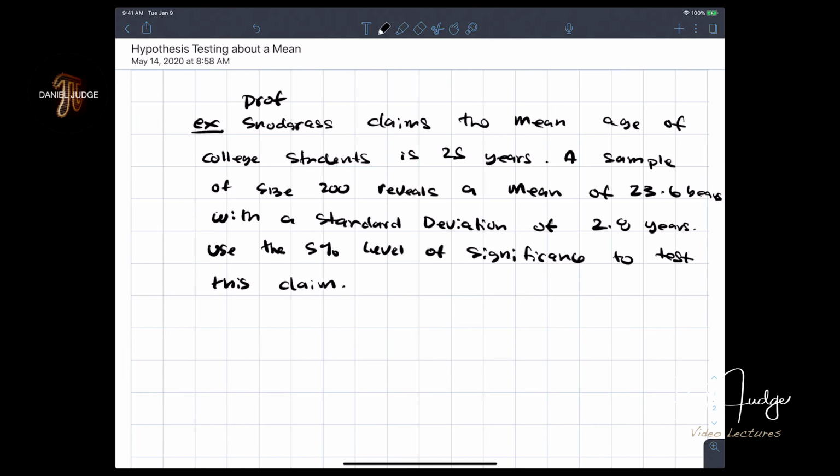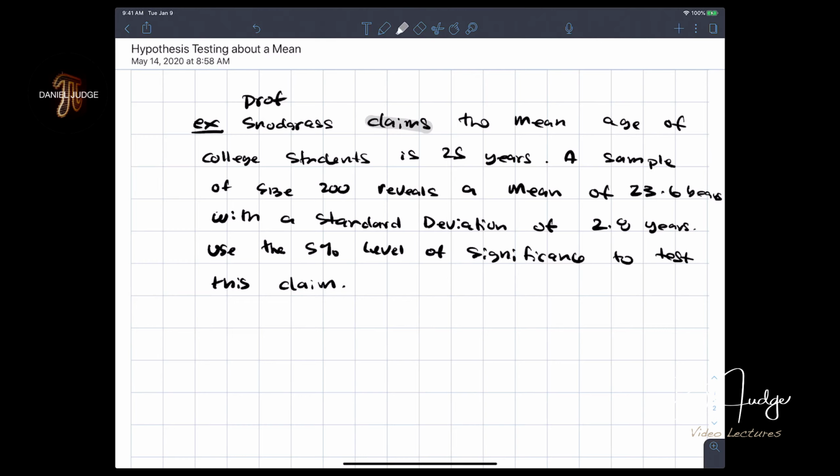Now, the first question that people ask me for hypothesis testing is, believe it or not, they'll say things like, Mr. Judge, how do I know this is a hypothesis testing question? I'll say, well, read it. You see Professor Snodgrass, here's a phrase, claim. What's a claim? Claim is a hypothesis, ladies and gentlemen.